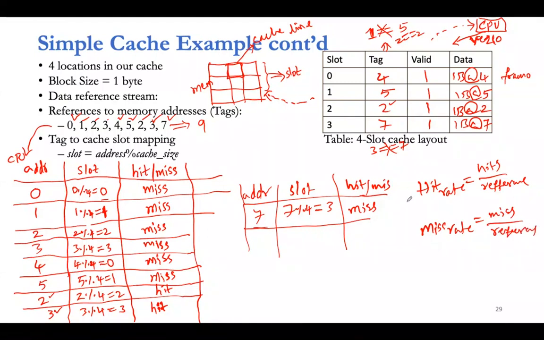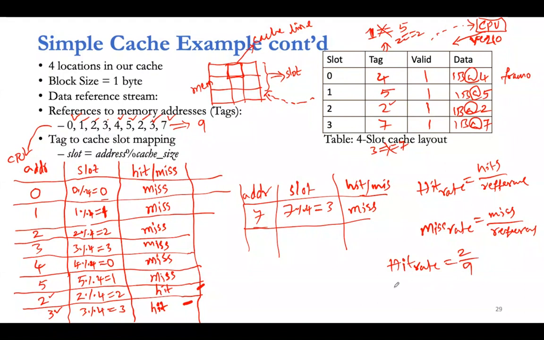So from here, how do you calculate your hit rate? Your hit rate is equal to the number of hits, in our example 2, divided by how many references are there, the memory addresses requested by the CPU, that means 9.